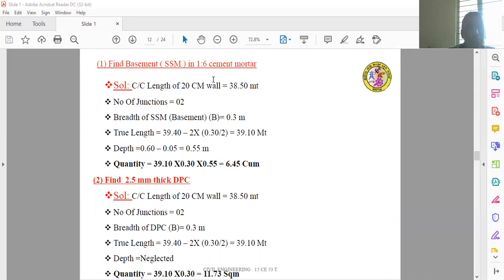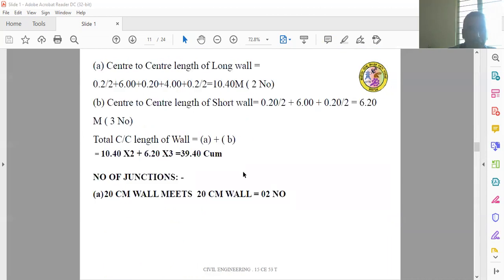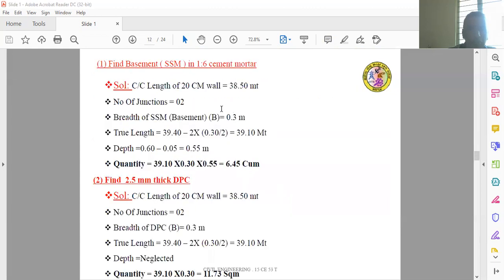First, you have to find out the basement inside stone masonry by knowing the center to center length, which is 39.4 meter. The number of junctions is 2. Then 39.4 minus 2 into 0.3 by 2 is equal to 39.1 meter.